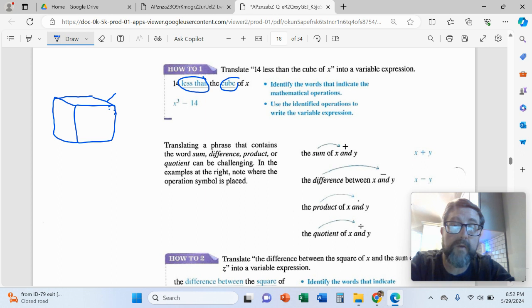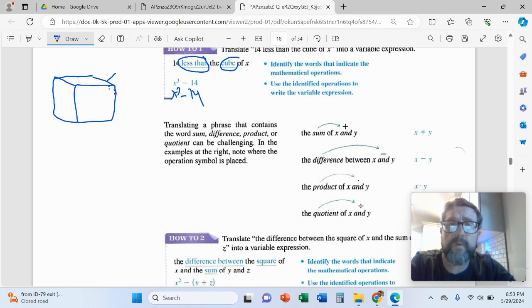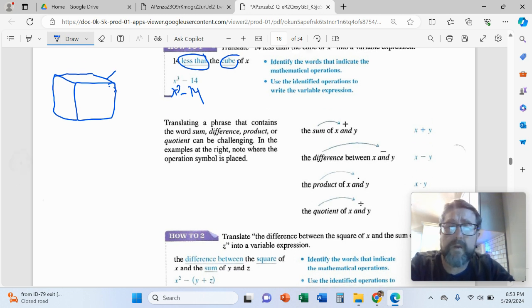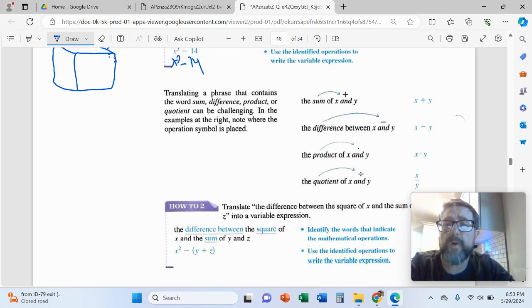We have the cube of x, which is x to the third, minus 14, because it's asking for 14 less than the cube. If you guys remember this school year, we did story problems with a lot of less thans and more thans. Same basic idea here. That was all prep work for algebra.